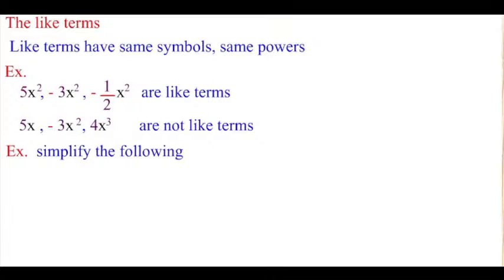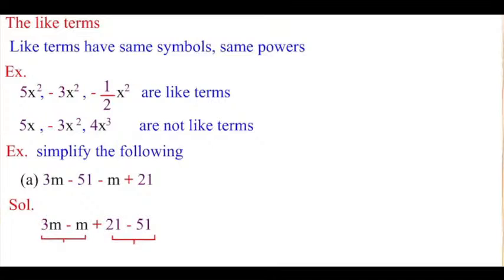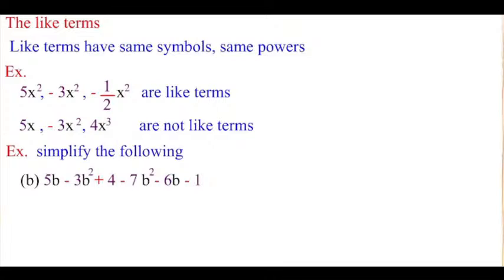Simplify the following. A. 3m minus 5l minus m plus 2l. Solution. 3m minus m plus 2l minus 5l equals 2m minus 3l. B. 5b minus 3b squared plus 4 minus 7b squared minus 6b minus 1.